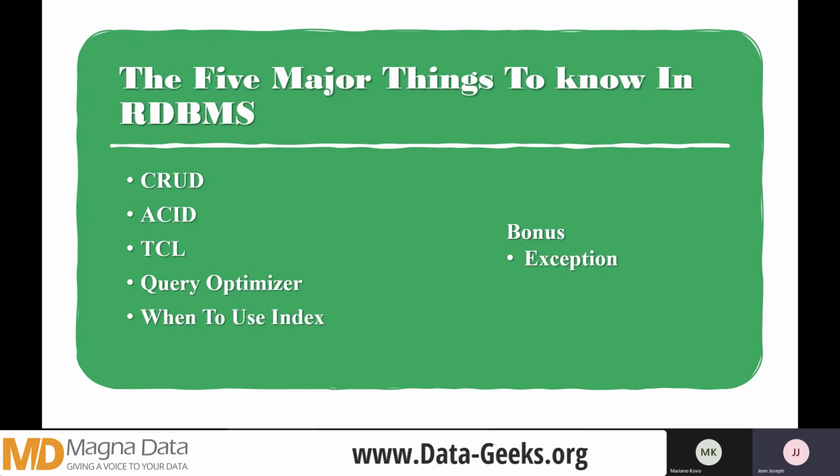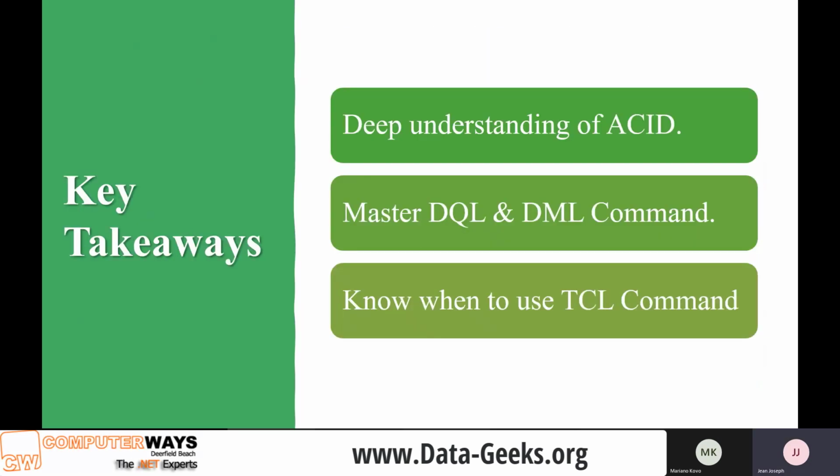And one more bonus is that anytime you create your data pipeline, I would highly suggest you think of exceptions. If something wrong occurs, how would you log those exceptions? That will facilitate troubleshooting. So the key takeaway is that you need to have a deep understanding of ACID.